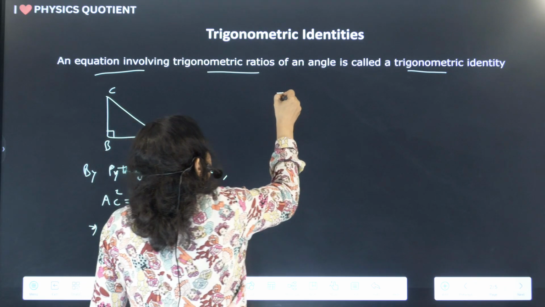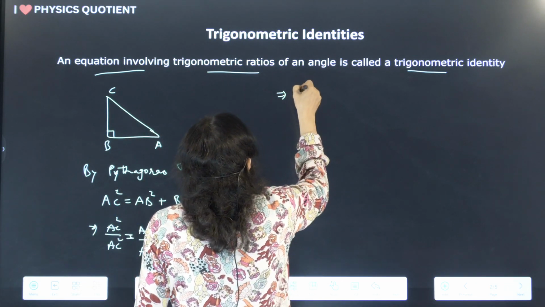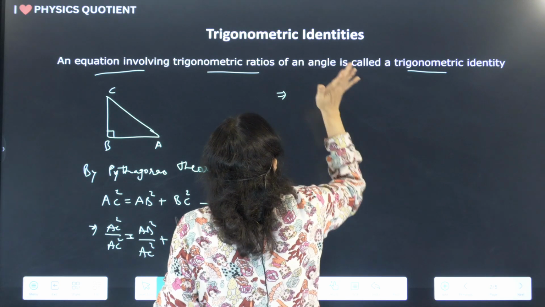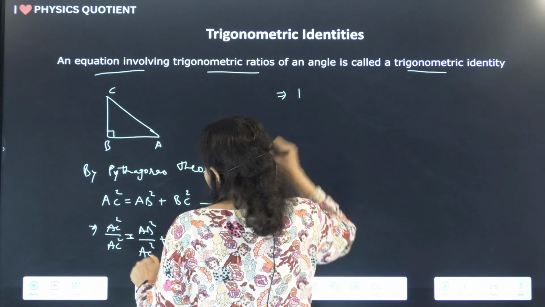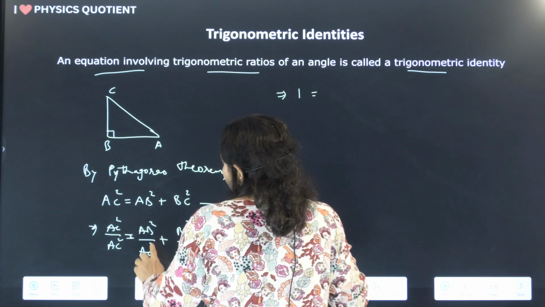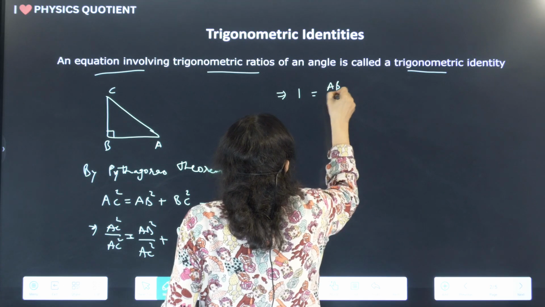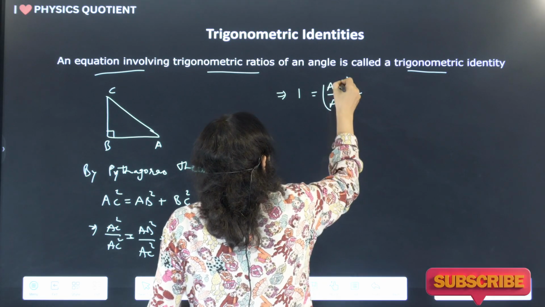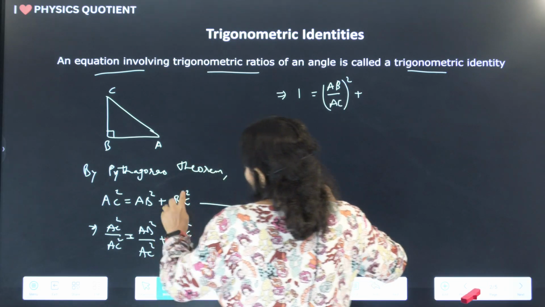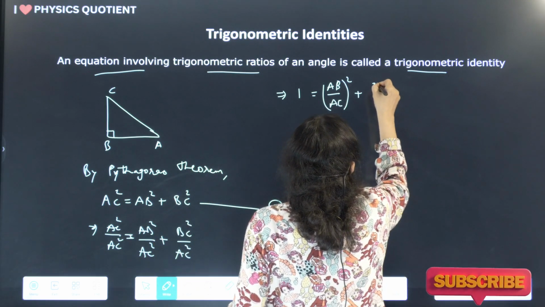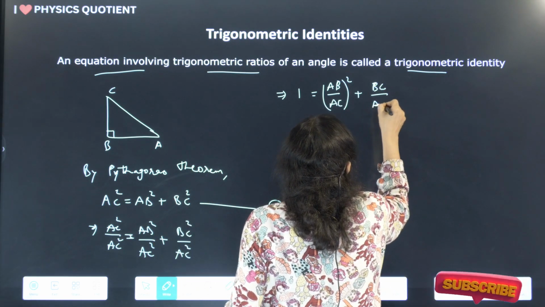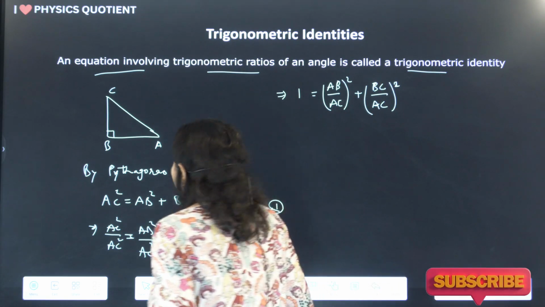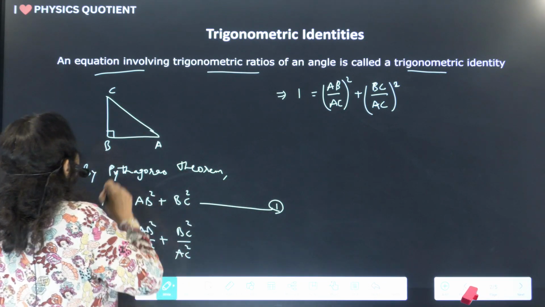This implies AC square upon AC square is 1 equal to, I can write AB upon AC whole square plus BC upon AC whole square. Now see in this figure, AB upon AC.